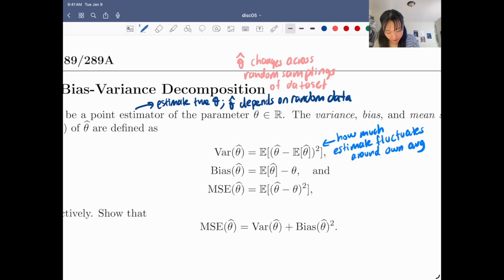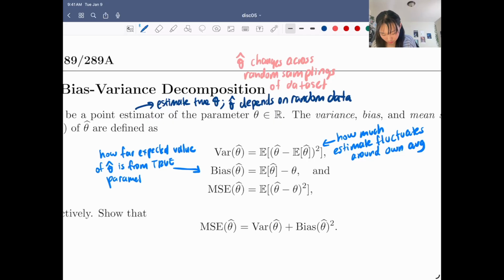And so the bias tells us how far the expected value of our point estimator is from the true parameter theta.